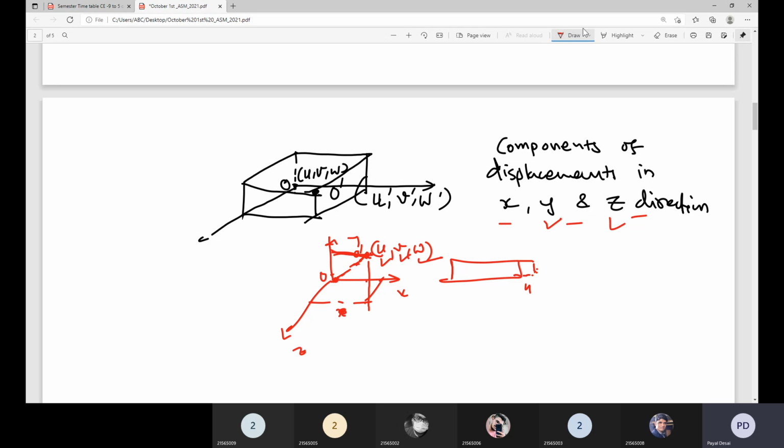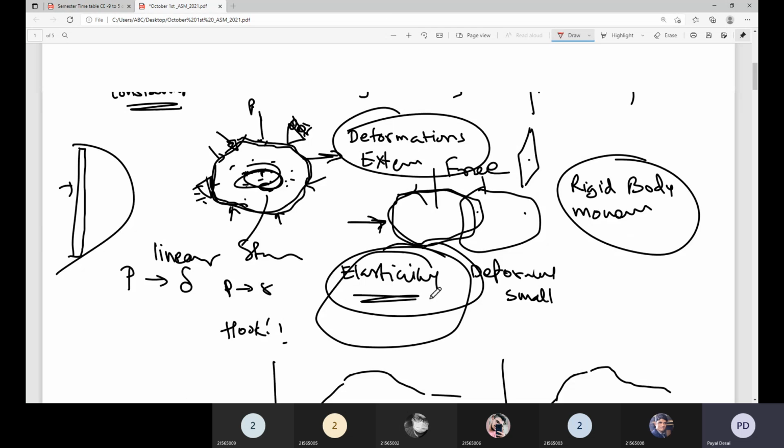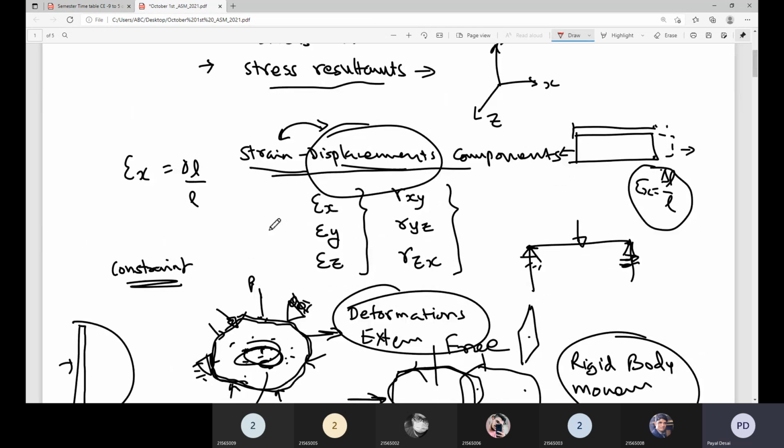Now it is important to relate strain and displacement, but it is completely geometrical. There is no Hooke's law here. When I derive the strain displacement relations, it is purely based on geometry, the deformed geometry.